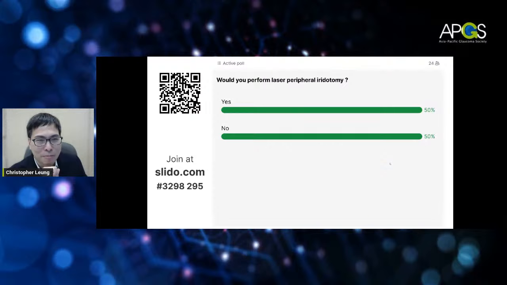Even given the background, with the study showing that LPI is not recommended for all eyes with PACS, we can see our practice actually varies. About half of our group would perform LPI, and the other half would not.